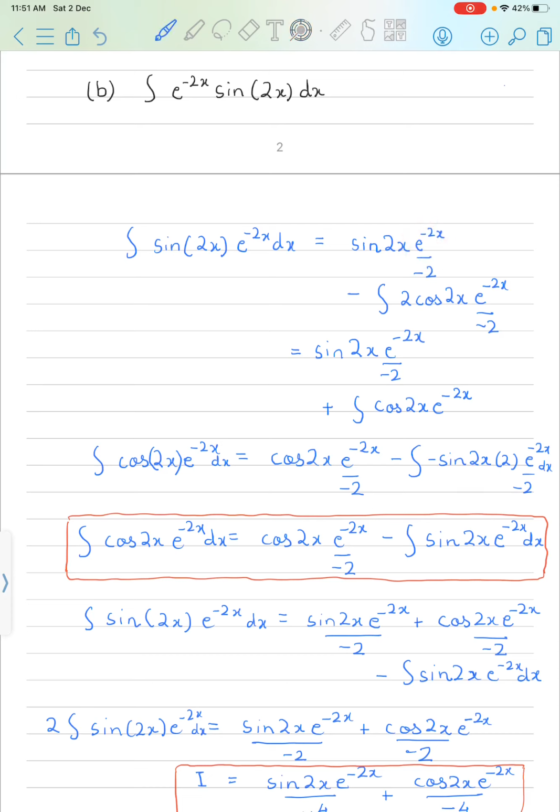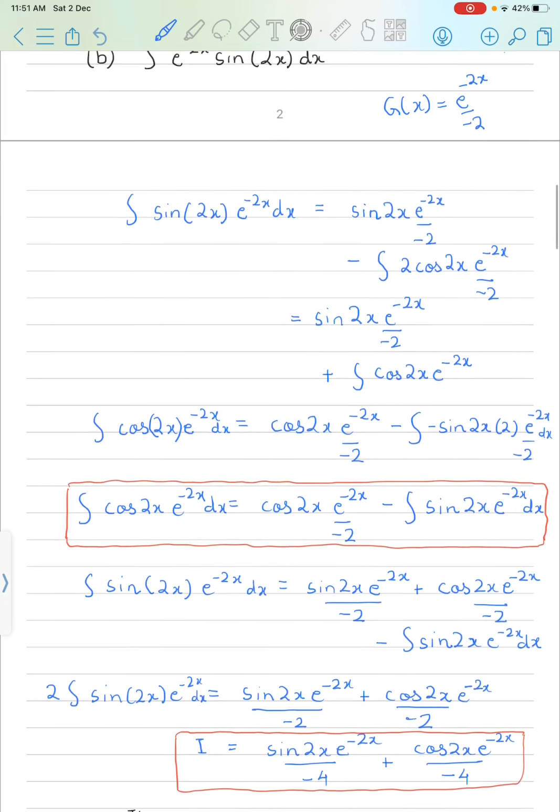So capital G(x) here will be e to the power minus 2x by minus 2. You can check it, that G dash x will be e to the power minus 2x into minus 2, which will be e to the power minus 2x, which is our small g(x).